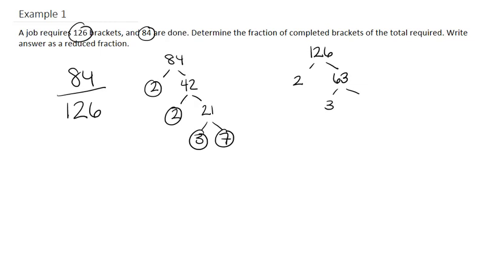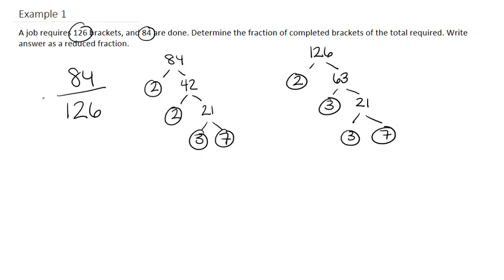So 3 can go into 6 2 times, and then 3 can go into 3 1 time. So 3 times 21 is equal to 63. You can work out long division if that also helps you, but this is how we can work through it. Then we have 21, which right here, we can just go 3 and 7. So then we circle our prime numbers. We can't go any further. So we are done with the prime factorization part.